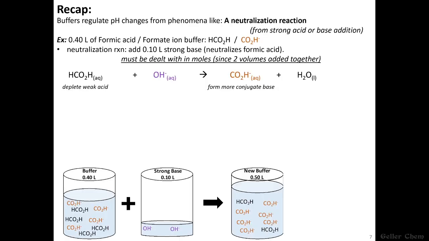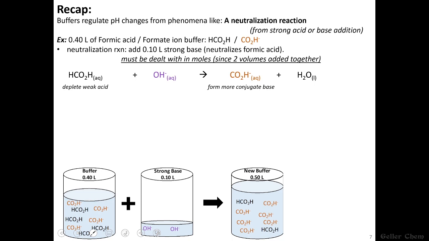Last lecture, we used this buffer solution here as our example buffer, where we had 0.40 liters of a mixture of both formic acid and its conjugate formate ion base. We also saw what happens upon neutralization with 0.10 liters of this strong base here. We had to deal with that reaction in moles because it is 2 different volumes added together, as we covered previously. And then we got this resulting solution here, which was still a buffer because we had significant amounts of both the acid and its conjugate.